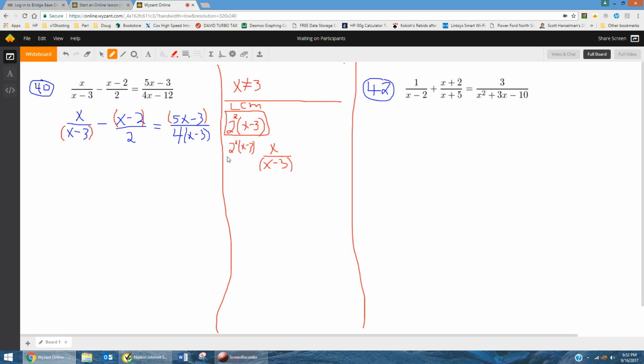And if it helps, visualize it over 1. The whole point is that these factors cancel out. And all that remains in the numerator after canceling out the x minus 3's is a 4 times x. So when this first term is multiplied by the LCM, I get 4x.